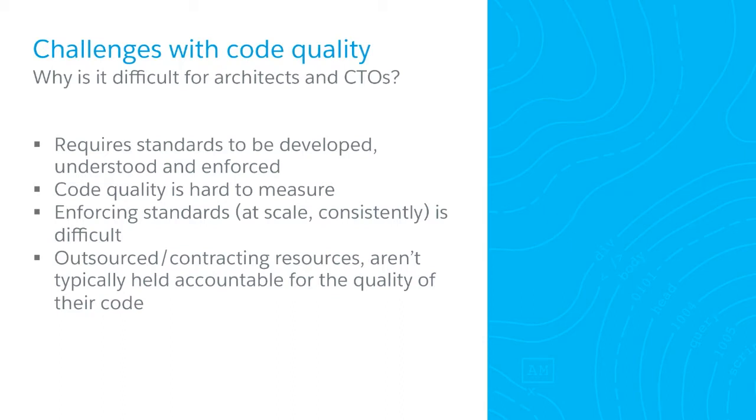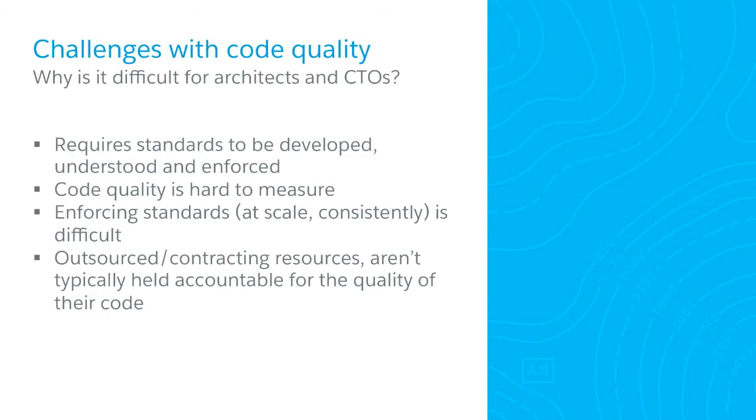Why is code quality so tricky? If we take a step back and try to look at the bigger picture, having good quality requires a mature organization. If you think about what is required to get to that point, you probably require standards to be developed.